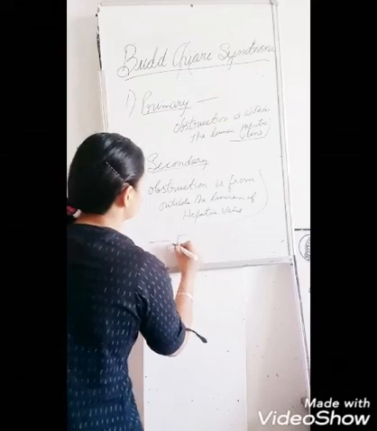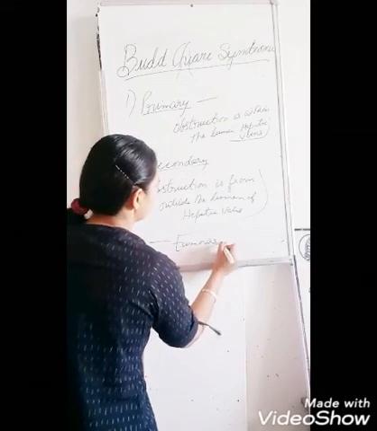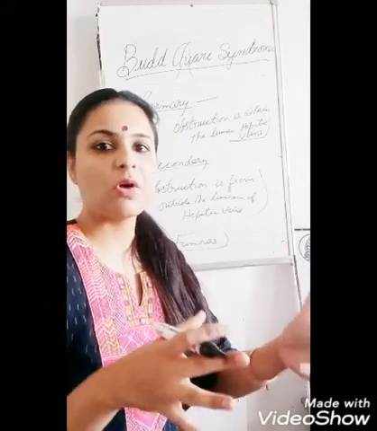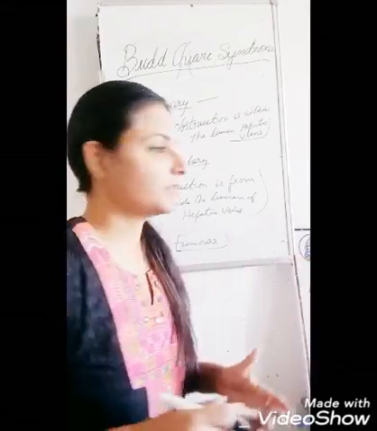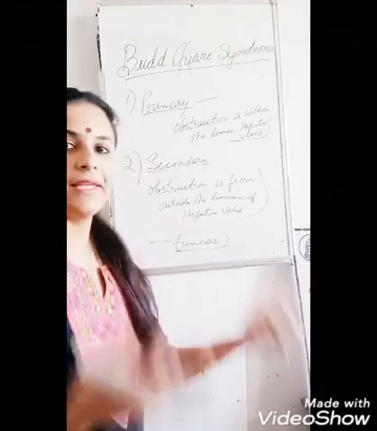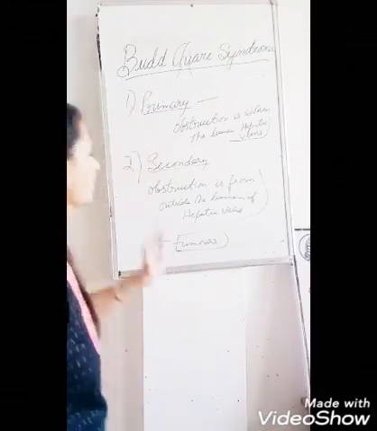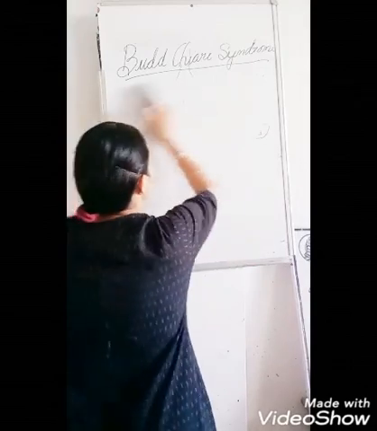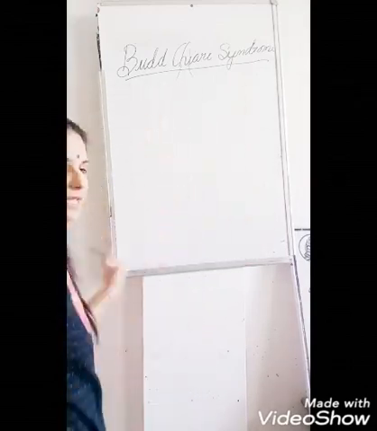Like in the case of tumors, or a hydatid cyst can also put pressure on the lumen of the hepatic veins. So a hydatid cyst, liver abscess, or tumors formed in the liver. So Budd-Chiari syndrome is categorized into primary and secondary.